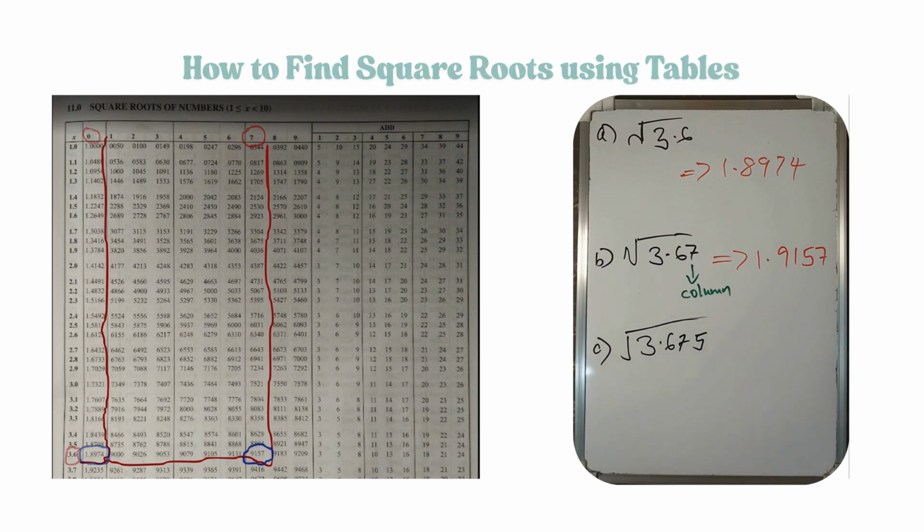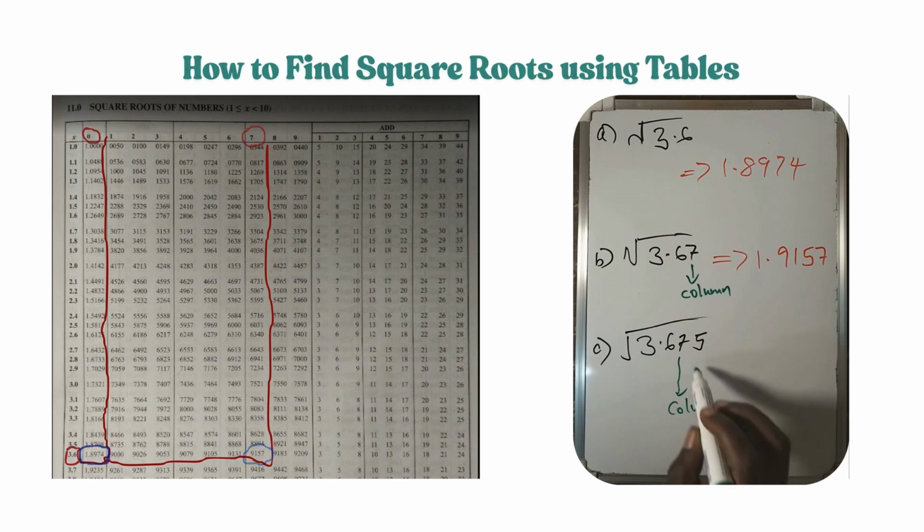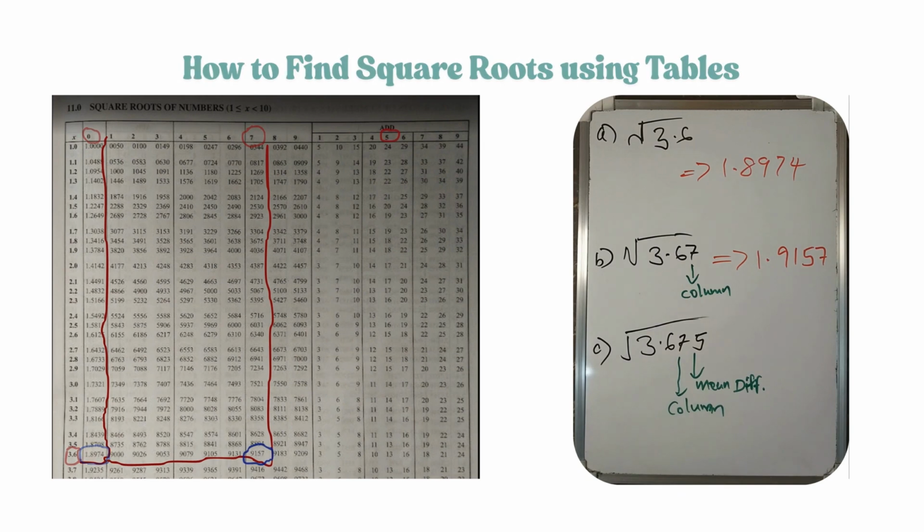Now let's look for a number with 4 digits. For a number of 4 digits, the third digit will be our column, and the fourth will be our mean difference. So in this case, 3.675.